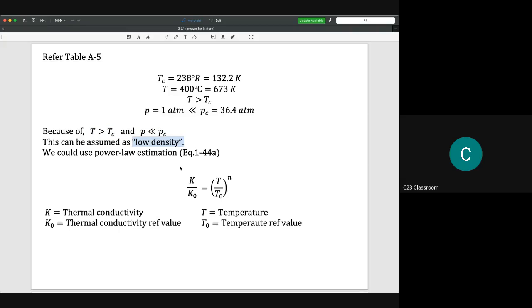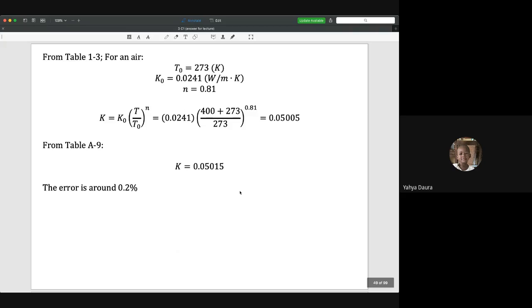Then we could use the power law estimation as stated in the equation here. We need to use the correct value for each element.